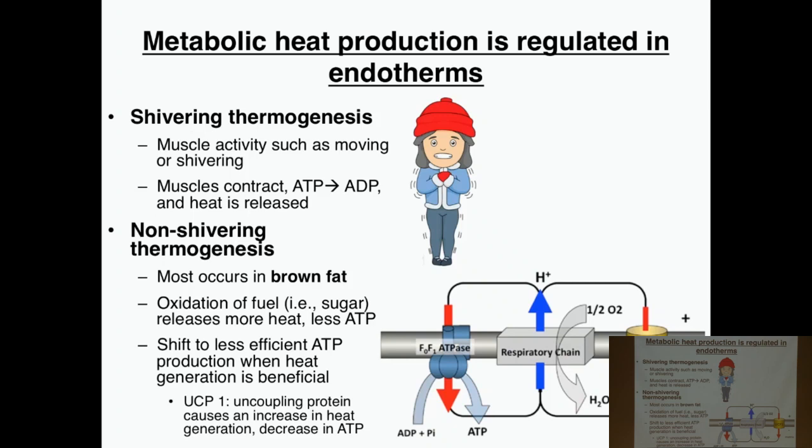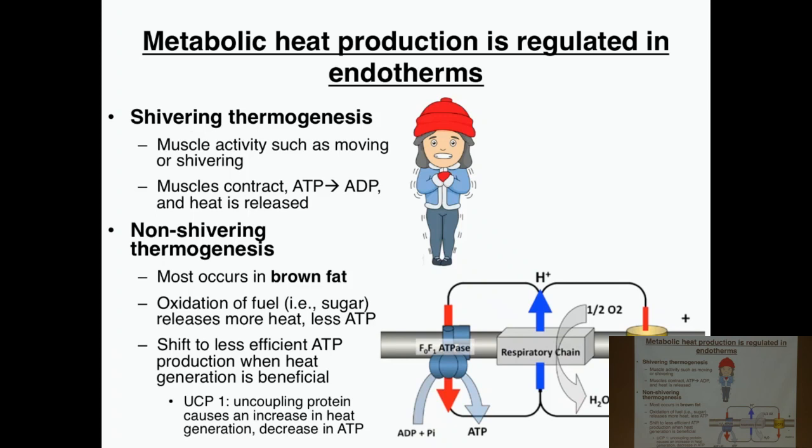In the mitochondria, you use the energy from breaking down sugar to generate a proton gradient that then is used to power ATP synthesis. You store energy in the proton gradient and you capture it by making ATP. So you make tons and tons of ATP.